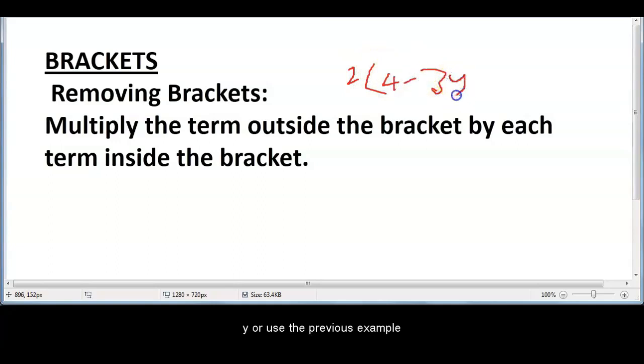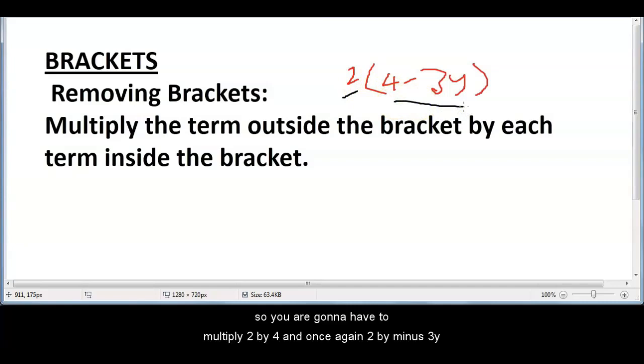I'll use the previous example. The term outside the bracket is 2. The terms inside the bracket are 4 and minus 3y. So you're going to have to multiply 2 by 4 and once again 2 by minus 3y.